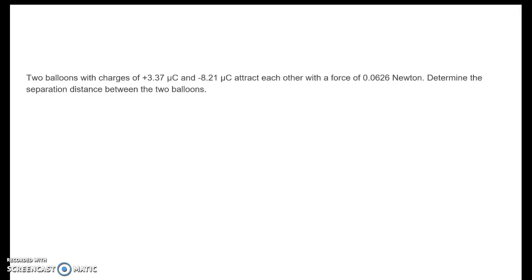All right, so again, draw a picture. This balloon is positive 3.37 microcoulombs. This balloon's negative 8.21 microcoulombs. Since they're opposite charges, the forces are going to attract.